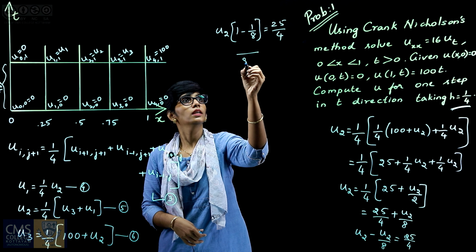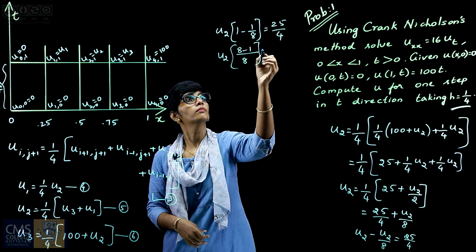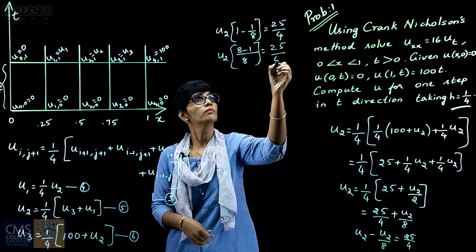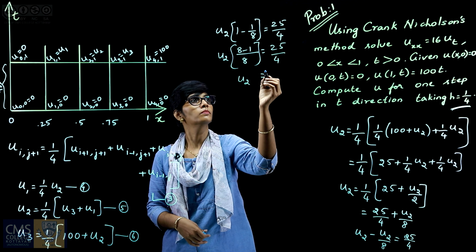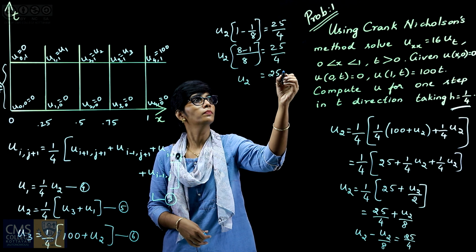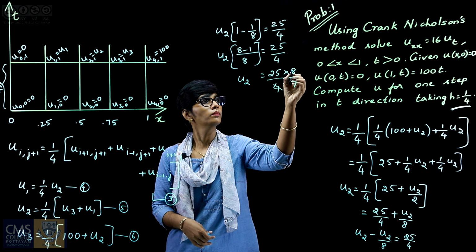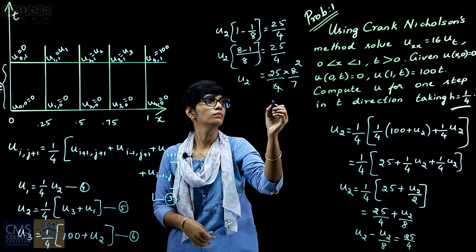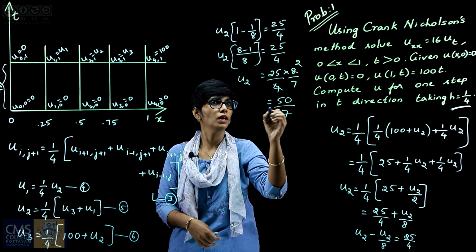So, this is 8 minus 1 by 8, and we get the u2 value as 50 by 7.